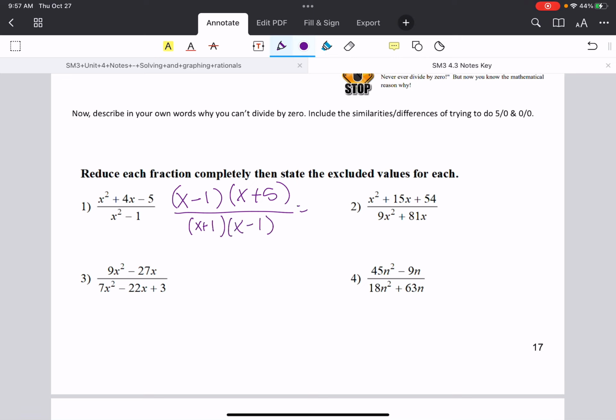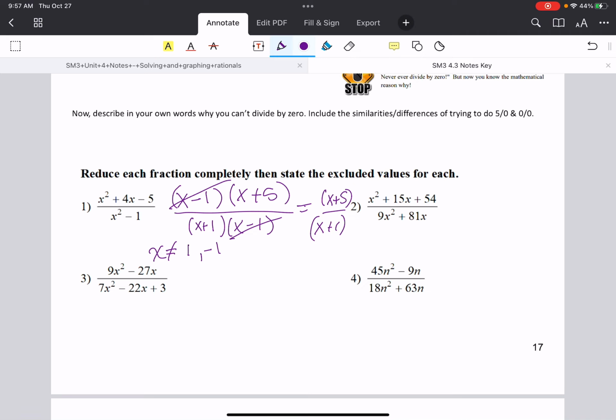So what reduced to 1? Yeah, so it reduced to x plus 5 over x plus 1. Okay, what about the bottom? Excluded values. X cannot equal negative 1 and 1. Perfect. Good catch. Love that.